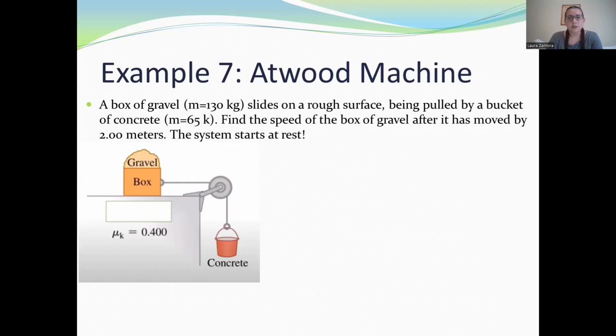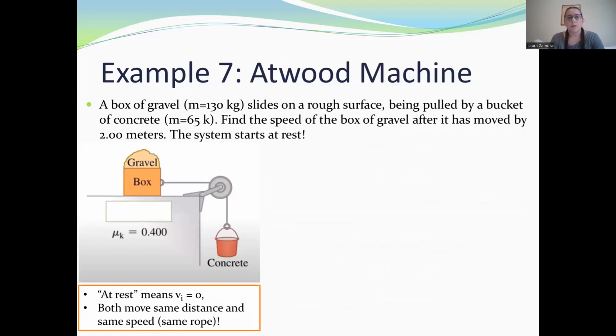Since there's a lot going on in this problem, I'm going to color code my terms in the equations. If you are colorblind, I'm terribly sorry if this makes it confusing for you. That was not my intention. Anything that pertains to the box of gravel is going to be in orange font, and anything that pertains to the concrete bucket is going to be in red font.